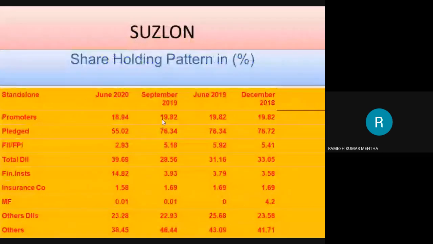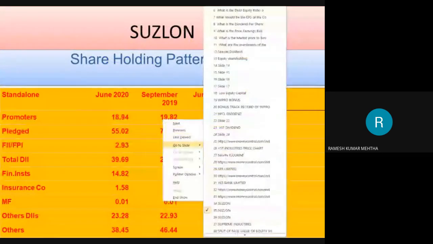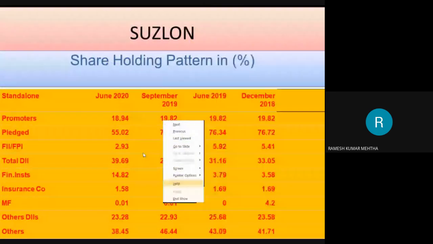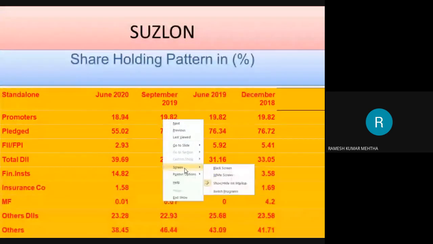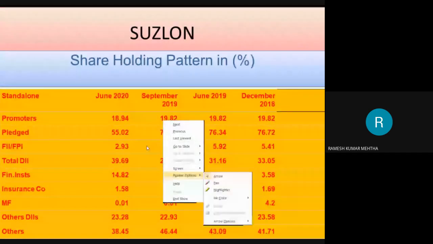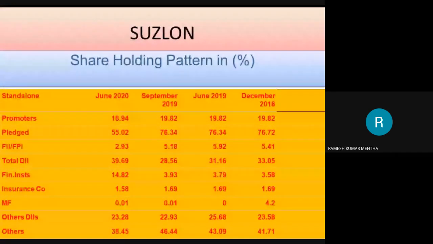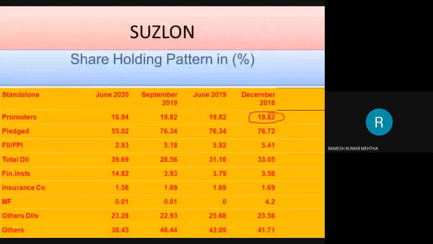Now, apart from this, if you want to invest in these companies, look at the shareholding pattern, or the promoters' holding percentage also. If you look very carefully, it is 19%. The shares are held by the promoters of the company, 18% as of now.